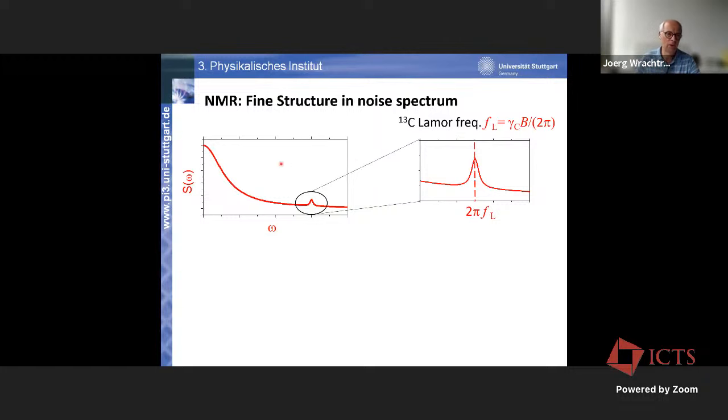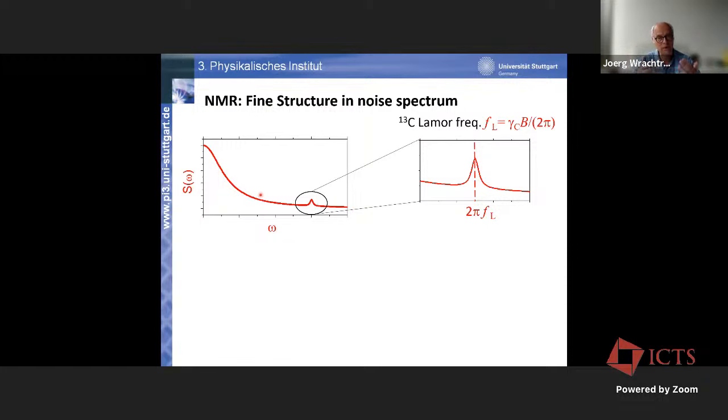If you look closely at the noise coming from the sample, we have this 1/f noise, and we have a noise peak at certain frequencies, which comes from the Larmor frequency, the magnetically modulated signal from the nuclei we want to look at. Of course, we know exactly where this is because we know the nuclear g-factor, or the gamma, for example of carbon-13. Now we want to isolate this noise peak from the rest of the magnetic noise coming from the sample. And the question is how we do this.